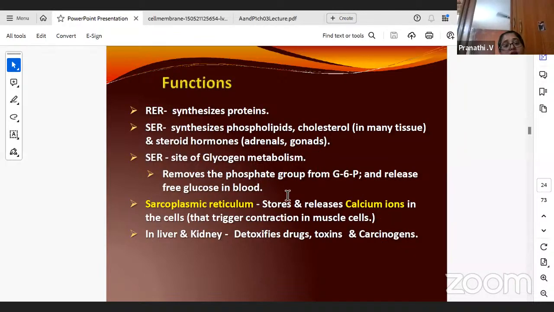And it is the site of glycogen metabolism also. Glucose is going to get converted into glycogen. Then whenever glycogen breakdown is taking place, removal of a phosphate group is going to take place, because of which free glucose is released into the blood. So glycogen metabolism is wherein the glycogen is going to get converted into glucose.